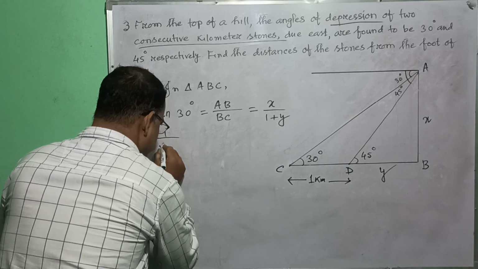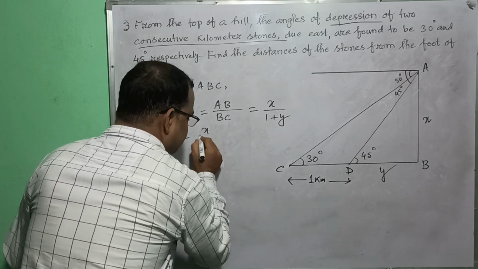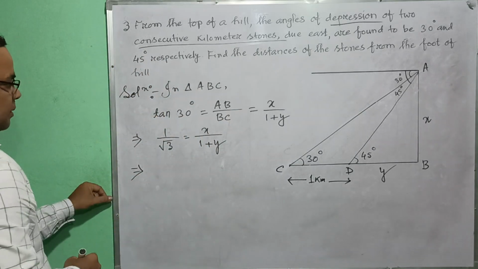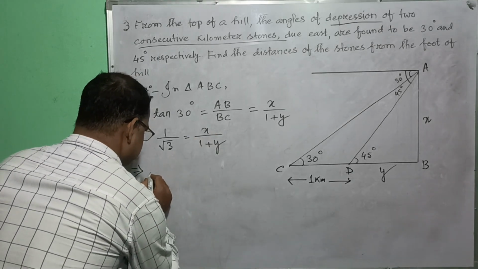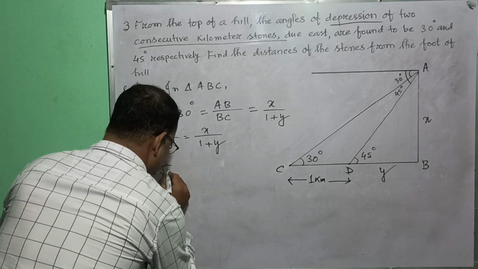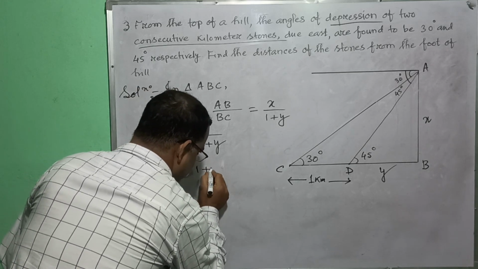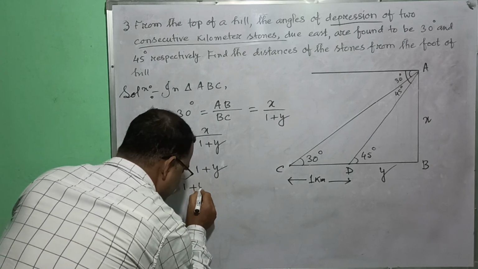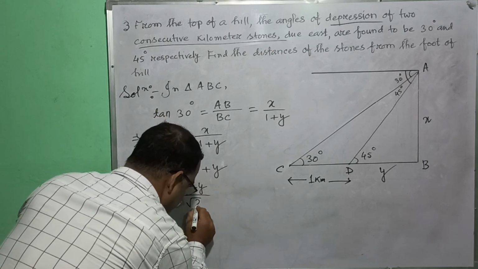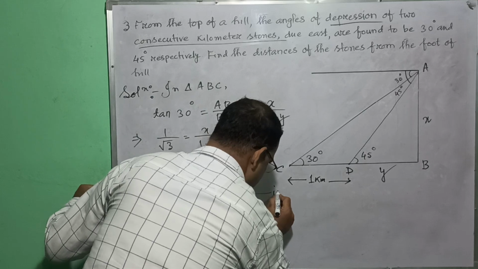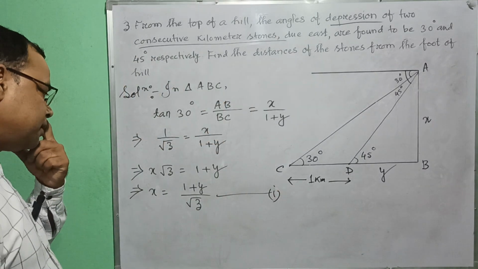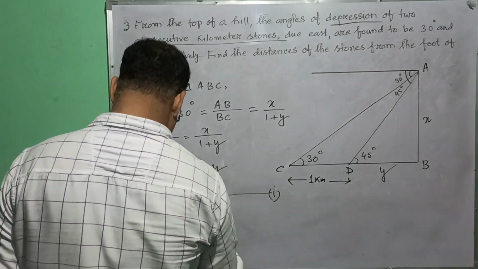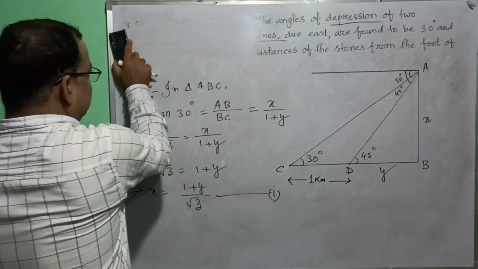So we can replace it: 1 by root 3 equal to X divided by 1 plus Y. By cross multiplication, X root 3 equal to 1 plus Y. This implies X equal to 1 plus Y divided by root 3. Let this be equation number 1. We have written X in terms of Y.